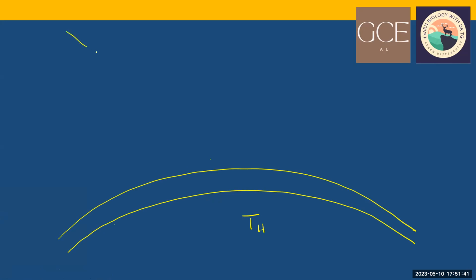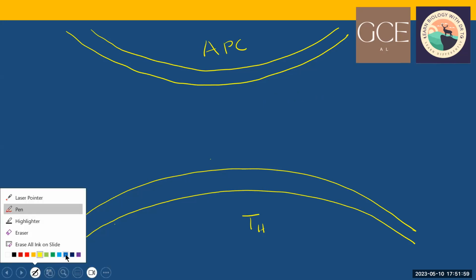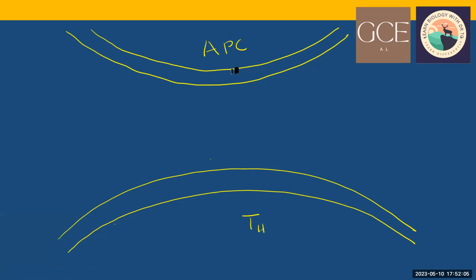And from this side, I want to show you the antigen presenting cell. So, antigen presenting cells, you have learned, this cell membrane has an MHC protein like this.